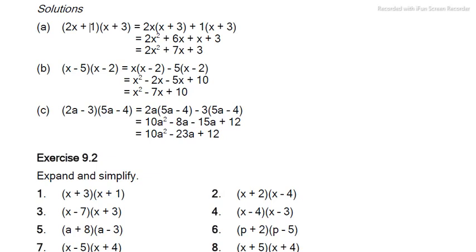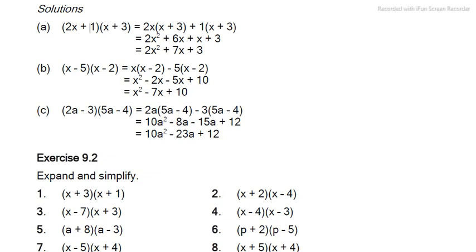So we add 6x plus x to get the 7x. And our final answer will be 2x squared plus 7x plus 3. So if you observe, this is what we call a quadratic expression, meaning that quadratic expressions are got after expanding brackets. They can be 2 brackets, can be 3, or any.